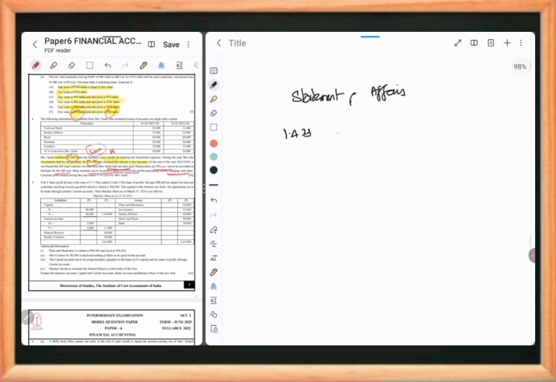So if we can find out the opening balance sheet, opening capital and then closing capital, we will post all the transactions.